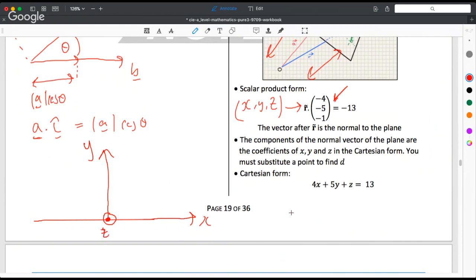It's like an arrow with feathers. If the arrow is going away from you, you see the feathers, so you see a cross. This means a vector is going out of the page. If you see a dot, you can see the end point of the arrow, so it's coming into you.